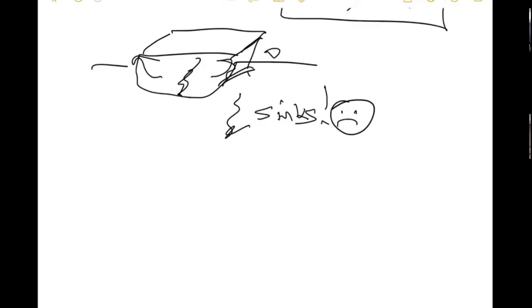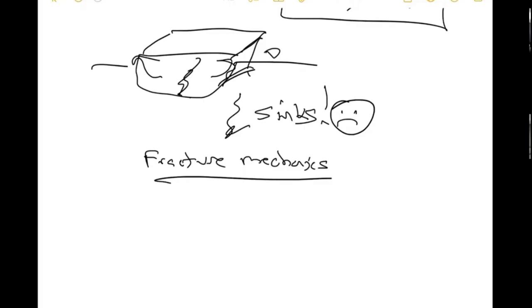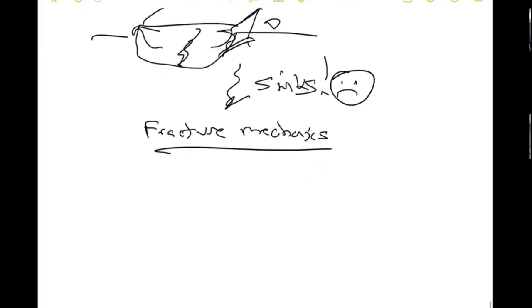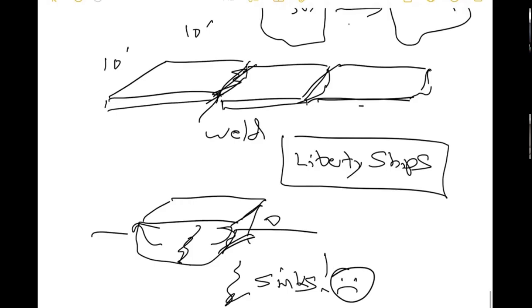Because of this, lots of research was done, and it led to the development of fracture mechanics. It turns out these ships were sinking because when you weld something, especially if you don't do it very carefully, and this was done very quickly, if you look in detail at the interface of the welding, you introduce little cracks.